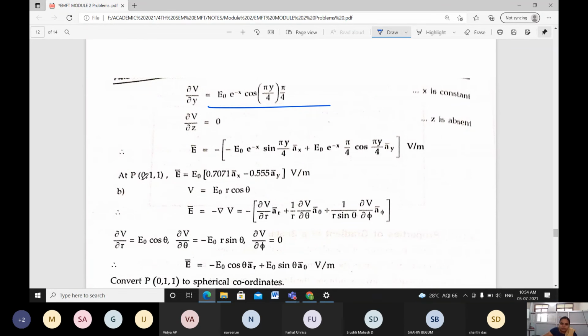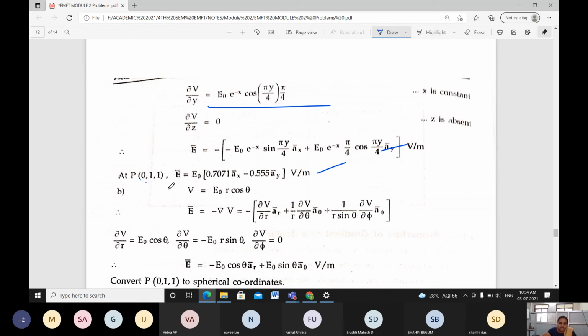You have to substitute x as 0, y as 1. E raised to 0 means 1, then sin(π/4) here, cos(π/4) here. Then you just solve by calculation and you will get the values.